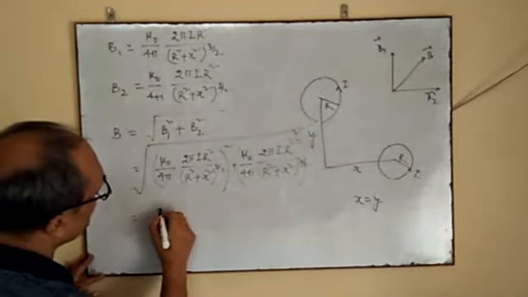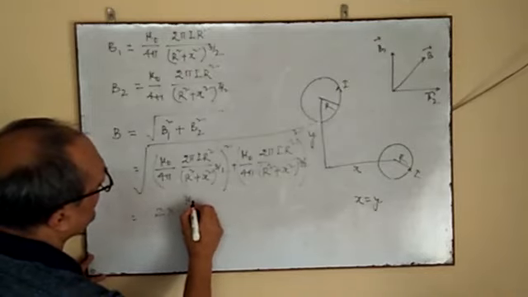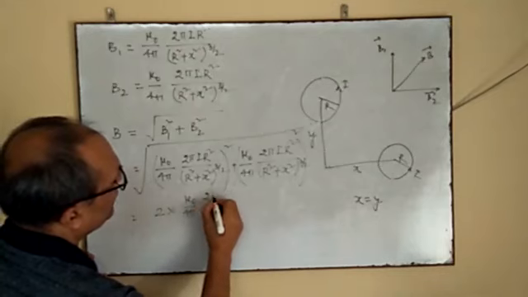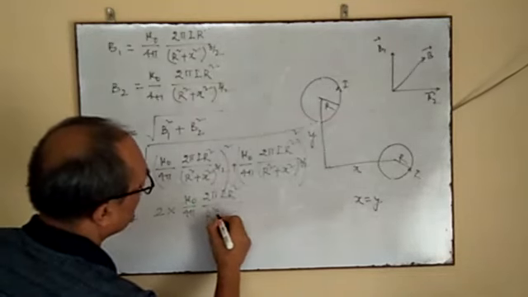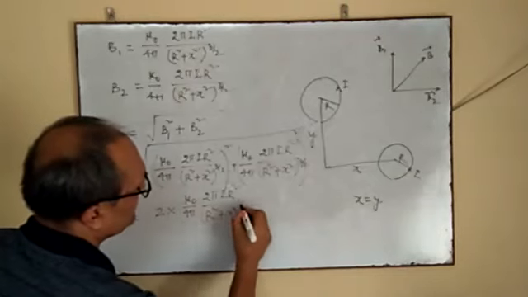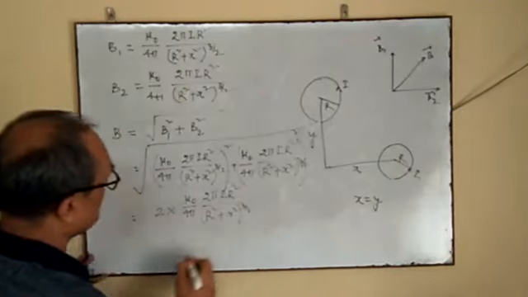This equals to 2 into mu naught by 4 pi, 2 pi I r square by r square plus x square, this to the power 3 by 2.